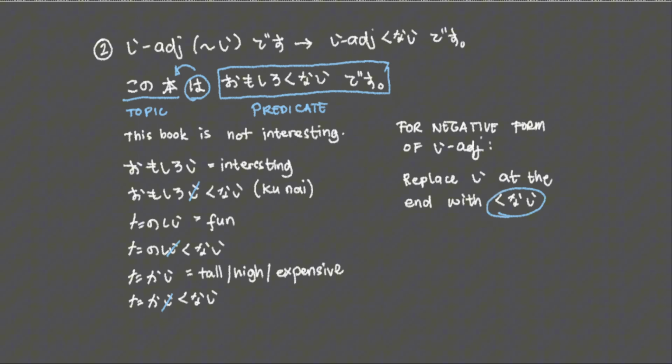Let me state the examples again. Omoshiroi, negative form is omoshirokunai. Tanoshii, tanoshikunai. Takai, takakunai. So that is how you set the e adjective into a negative form.